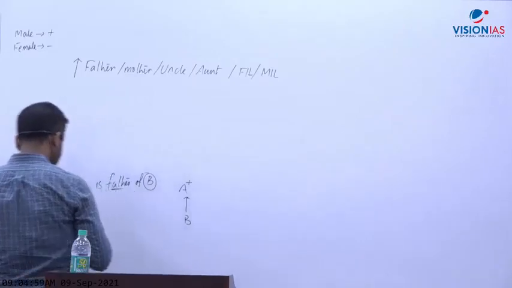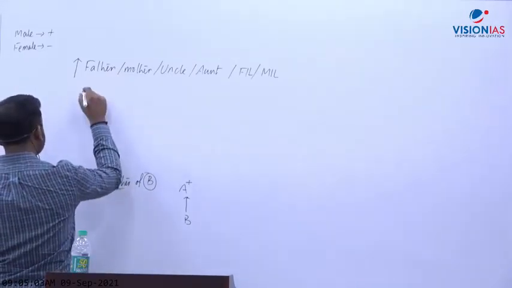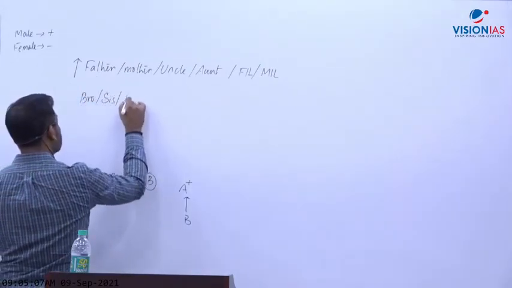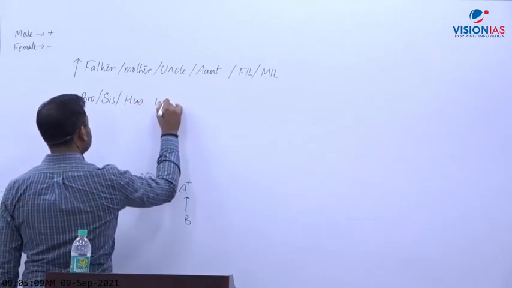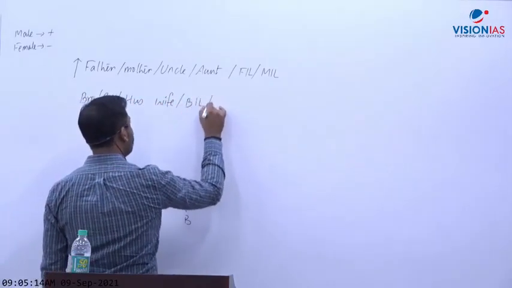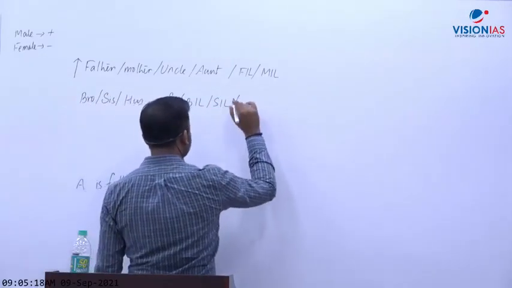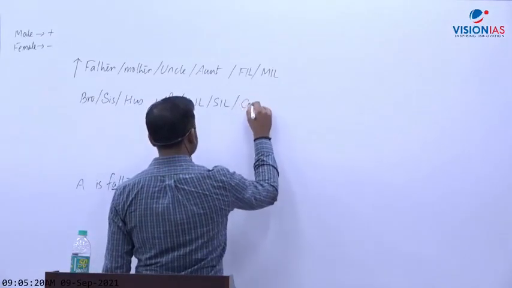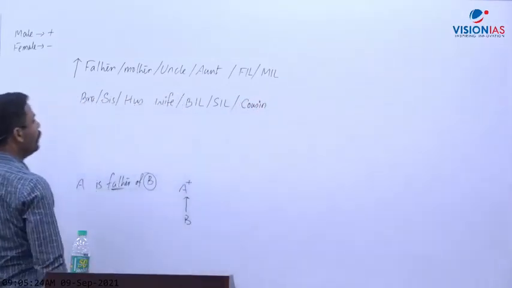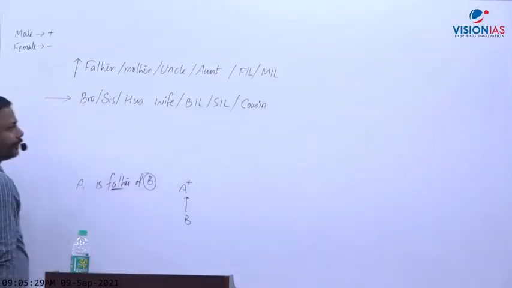Similarly, whenever we get a relationship like brother, sister, husband, wife, brother-in-law, sister-in-law, and cousins, these relatives are of same generation. So we will try to put them into same level, or sideways you can say.